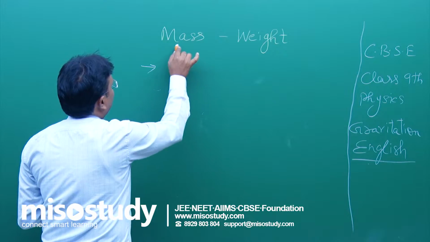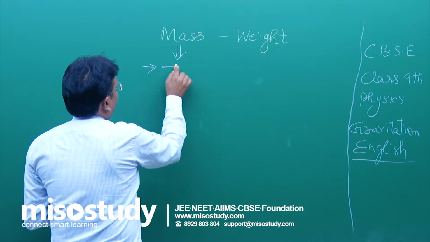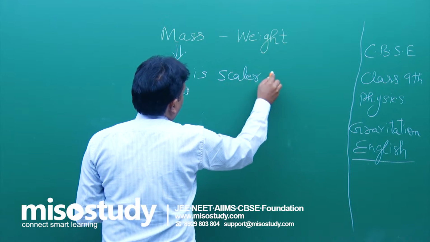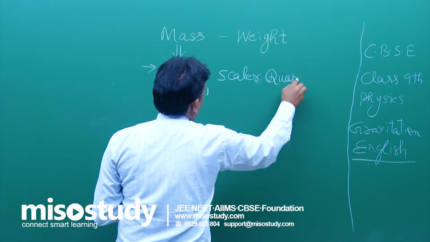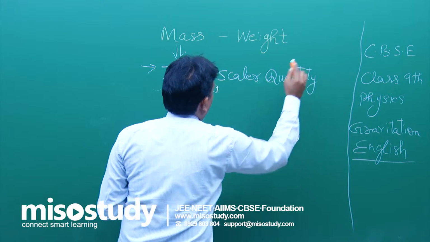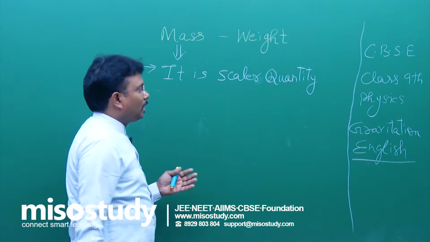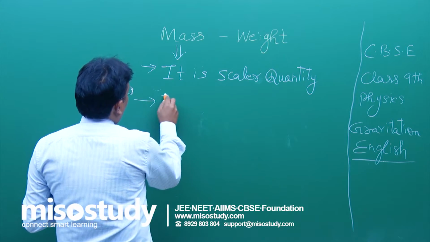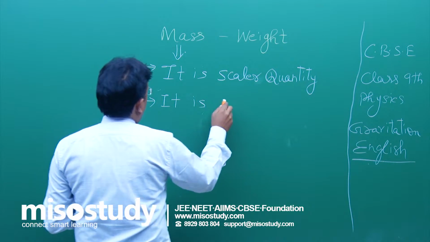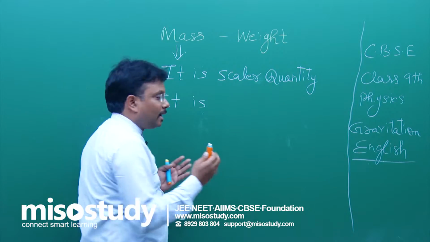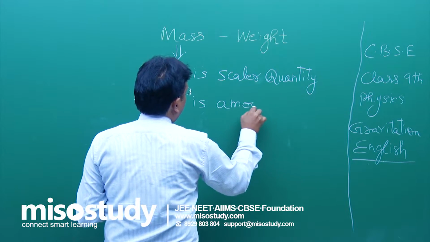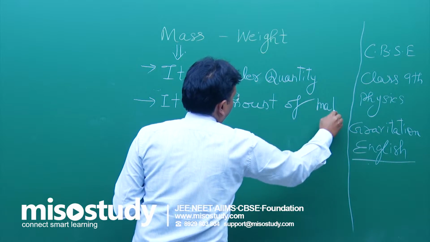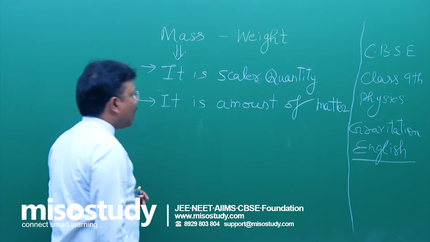First, about mass. It is a scalar quantity. Fine, means direction is not required. Second, it is the quantity of matter, or amount of matter.